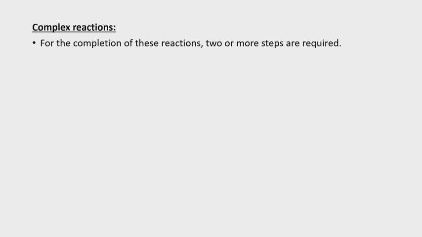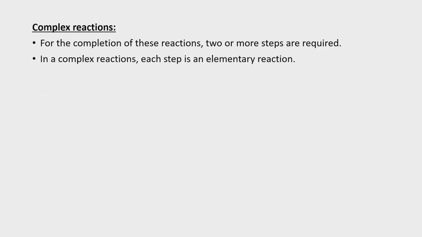Complex reactions. For the completion of these reactions, 2 or more steps are required. In earlier case, we have seen elementary reaction case. Elementary reactions are completed in a single step. For the completion of complex reactions, 2 or more steps are required.